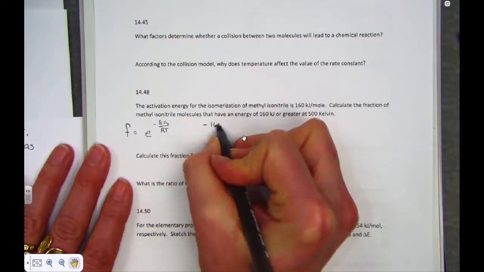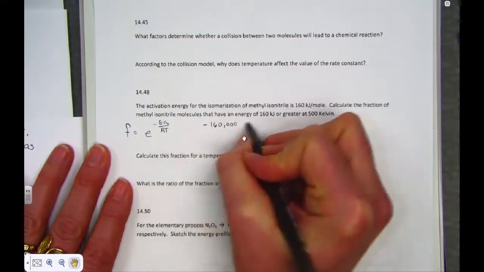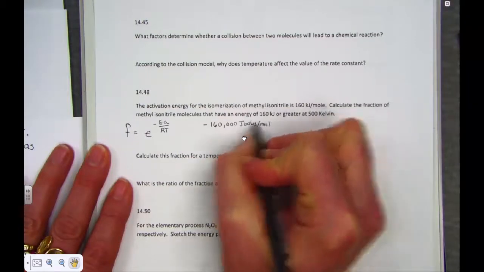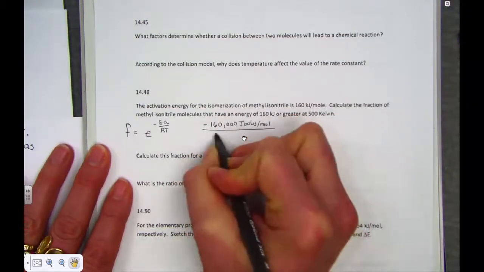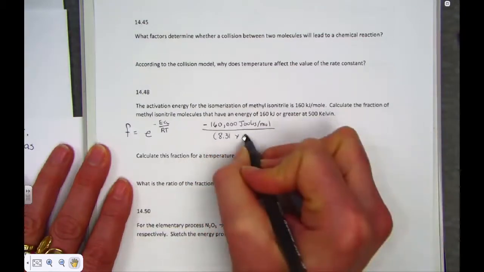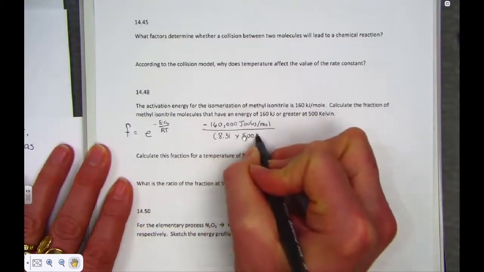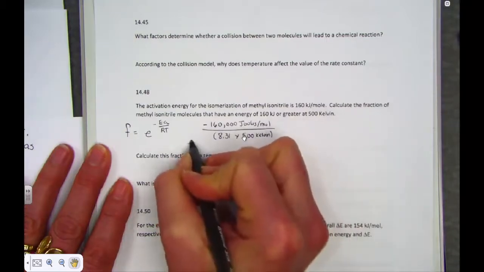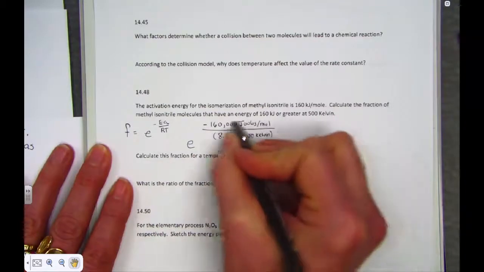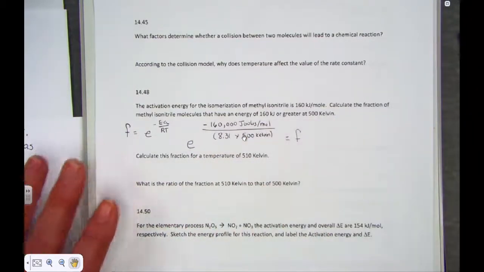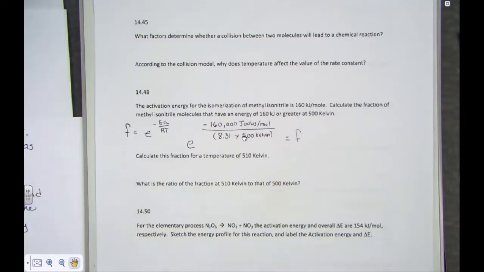So negative 160,000 joules of energy per mole, set over R, the gas constant 8.31, times our Kelvin temperature, 500 Kelvin. We'll raise e to this entire answer. e raised to that will get us F, where F is the fraction of molecules.